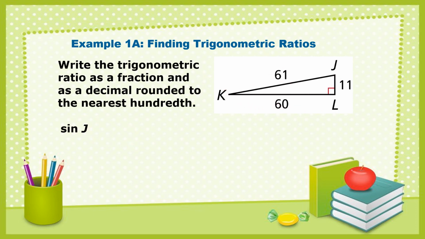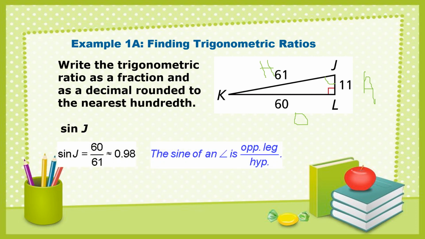So we need to find sine J. J is here. Sine. So this is the opposite, this is the adjacent, and this is our hypotenuse.